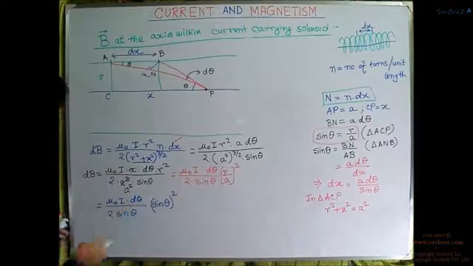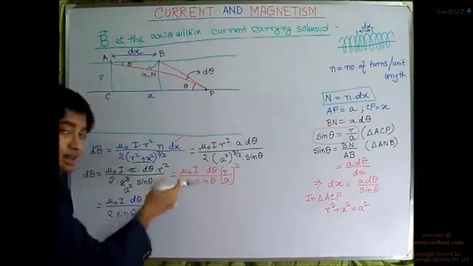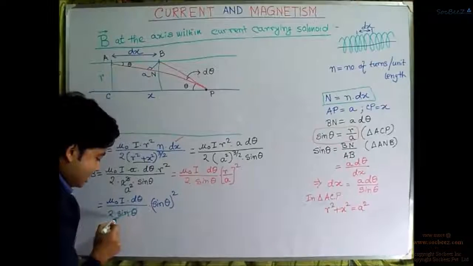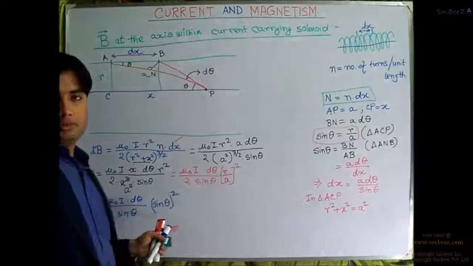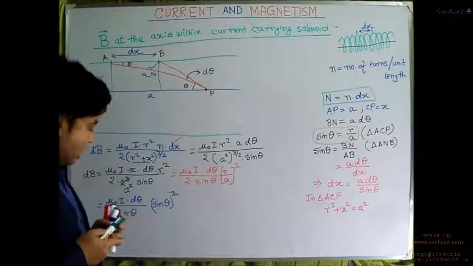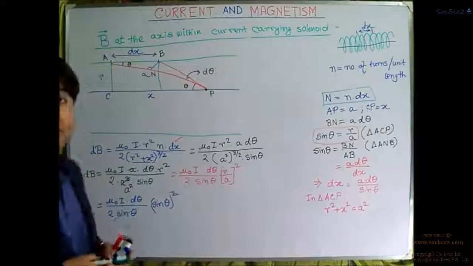Now again observe that this is sine theta and this is sine theta to the power 2. It can cancel out, leaving only sine theta in the numerator, right? And everything which we are doing is dB.